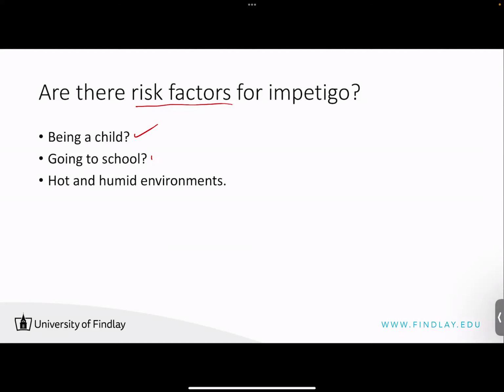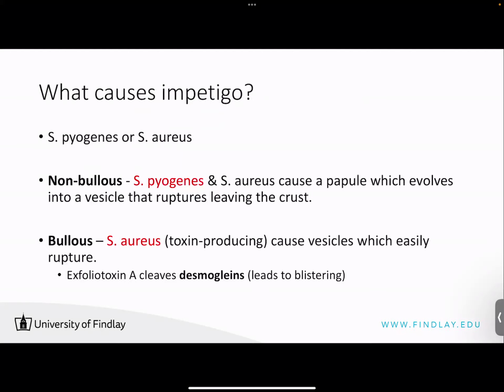Going to school, however, is that really better? Man, it's amazing what kids will share. And then hot and humid environments. Not Findlay, Ohio right now, but again, moisture lends to the spread and the acquisition of infections like impetigo.